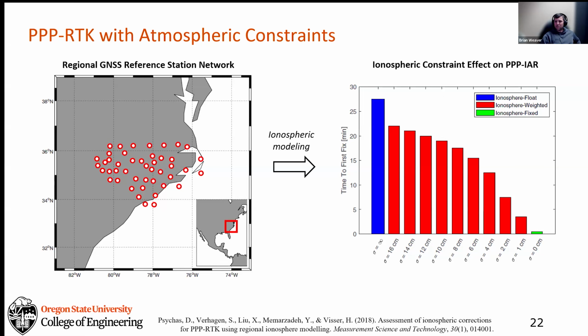And as progressively more precise ionospheric information is provided, that time to first fix is reduced, with the most significant improvement after around 5 centimeters or so for the precision of the ionosphere. And if the ionosphere is completely constrained and estimated with very high precision, the user can fix ambiguities and reduce that convergence time down to just 1 or 2 epochs.